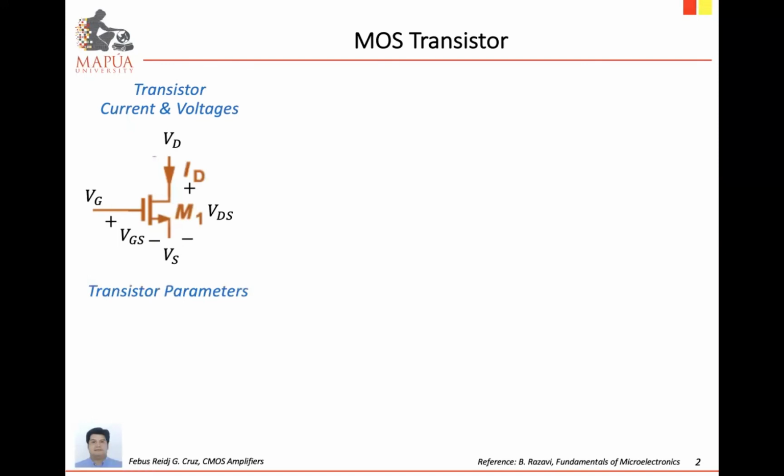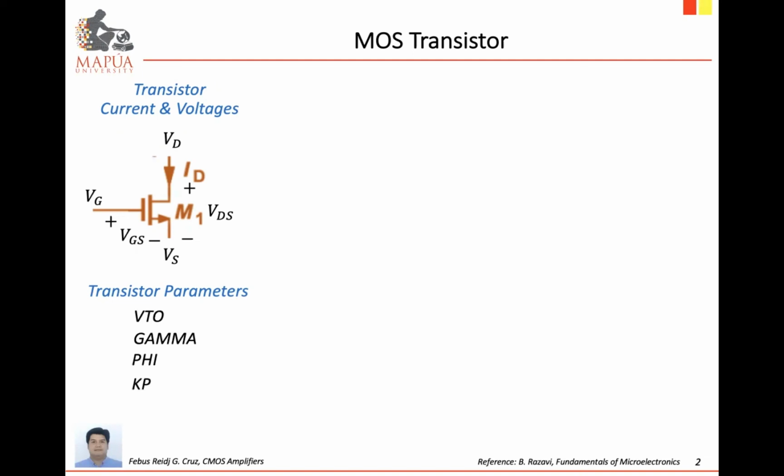For the transistor parameters, we have VTO. Again, this is the threshold voltage when VSB is equal to 0. Gamma is the body effect parameter. Then we have P, that is the potential at the surface of the channel during the strong inversion.